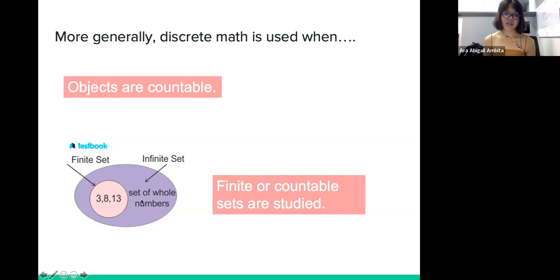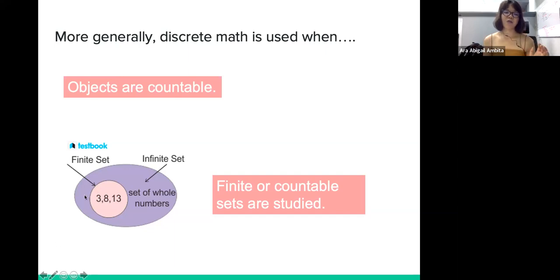Consider this example. We have here a Venn diagram of a finite set as well as an infinite set. An example of an infinite set is the set of whole numbers. When we talk about the word infinite, it means from the start to the end, the values may be endless. And within a certain range, there are infinite numbers that may be included.